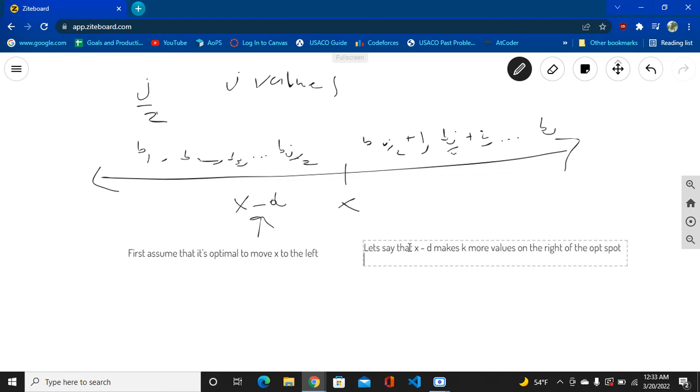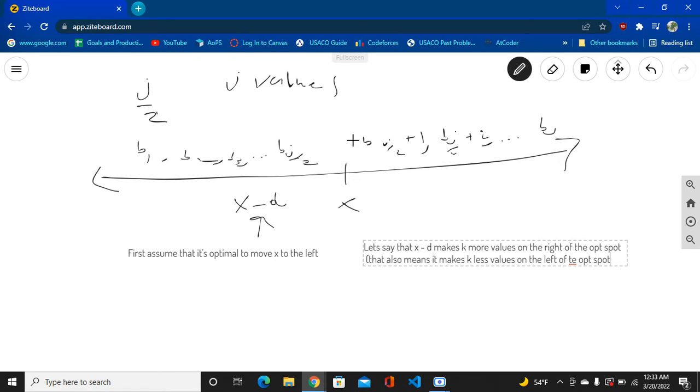And if it makes k more values on the right of the optimal spot, that also means it makes k fewer values on the left of the optimal spot.